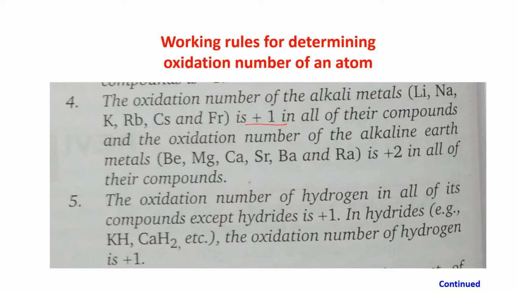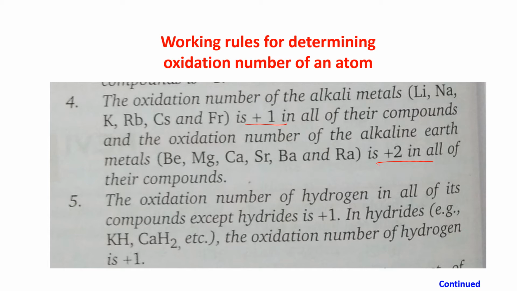And the oxidation number of alkaline earth metals, that is beryllium, magnesium, calcium, strontium, barium and radium, is +2 in all of their compounds. You can think that it is similar to the valency, but it is not the valency. Valency is without sign. It is only the combining capacity.